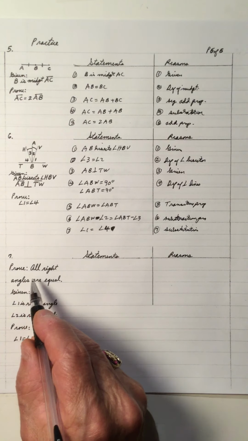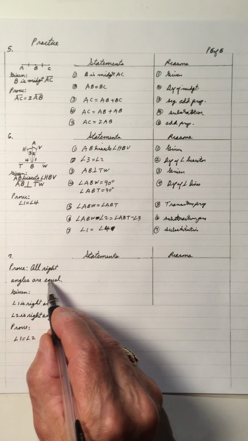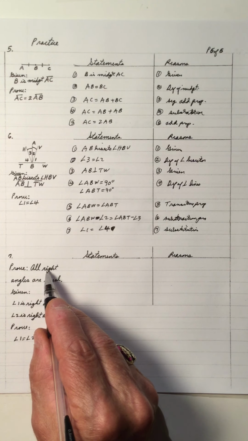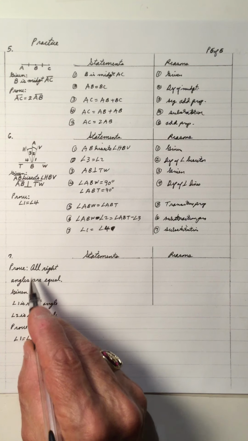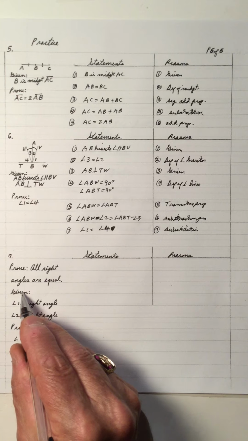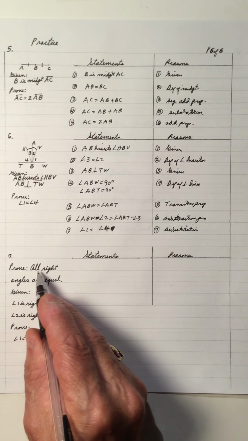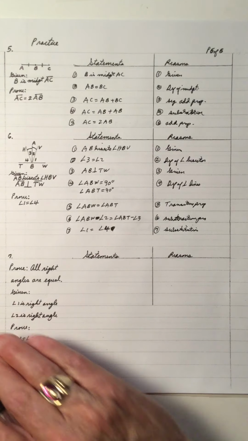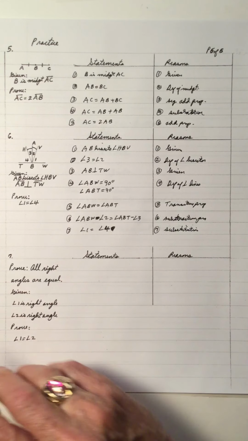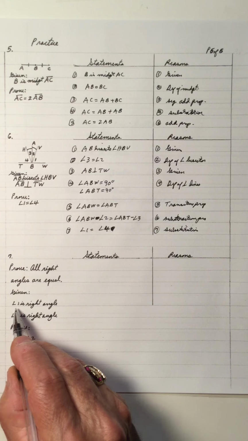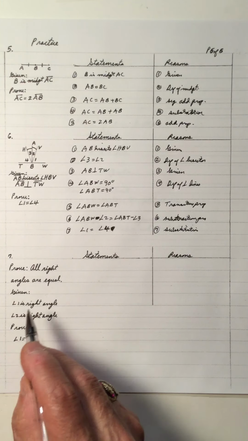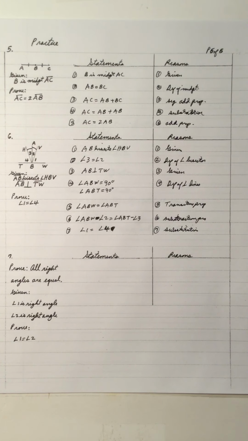And the last proof, prove all right angles are equal. So what happens here, I made a statement, and the given here is that I have all right angles. If I gave you prove all right angles are equal, you would have to come up with, given 2 right angles, 1 is a right angle, 2 is a right angle, and prove that 1 equals 2.